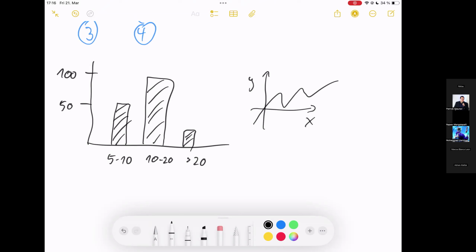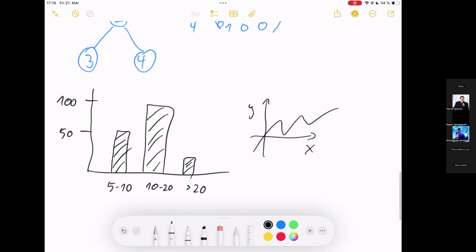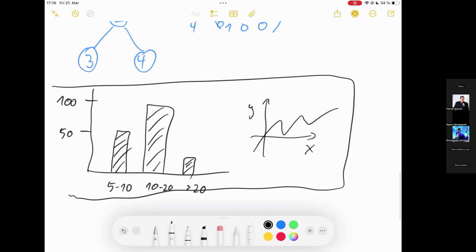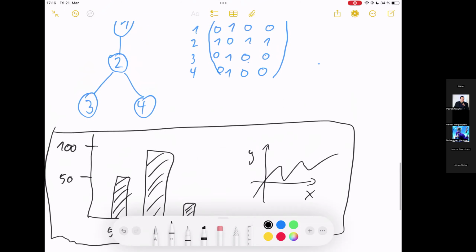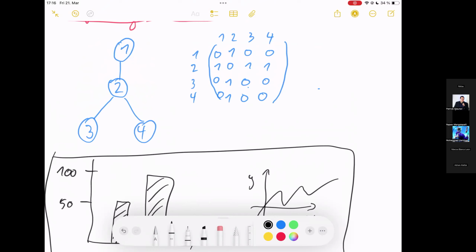And bar charts and function plots are called graphs, but they have nothing to do in this context with the graphs, which are this mathematical structure. And there's one question about how we store graphs in a computer, if there are also some kind of lists.